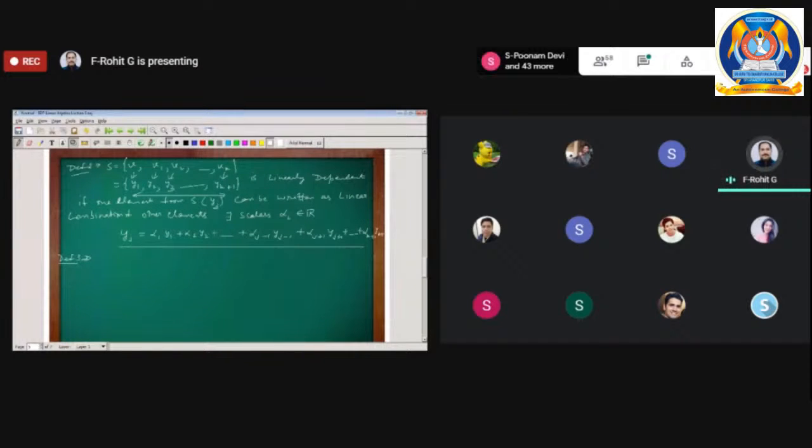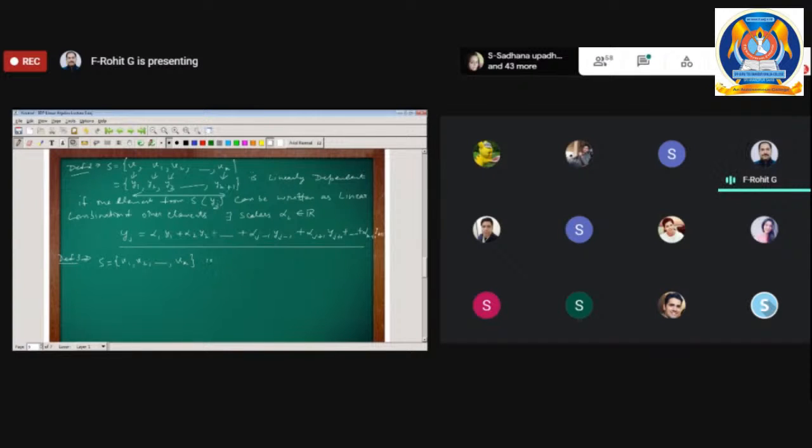I will tell the student this definition directly, but not this time. So suppose I have a set S and it contains elements v1 up to vk. So this is definition number 3.